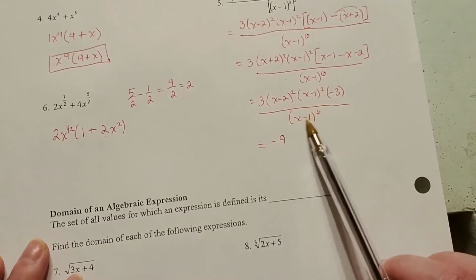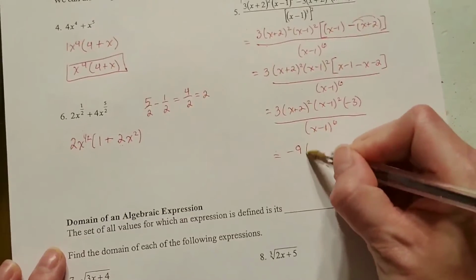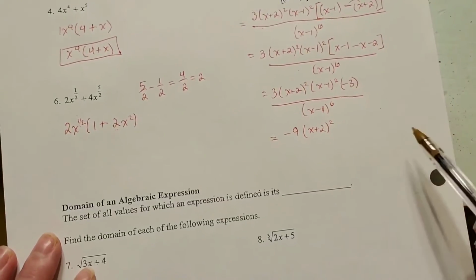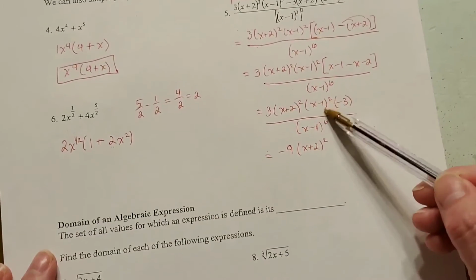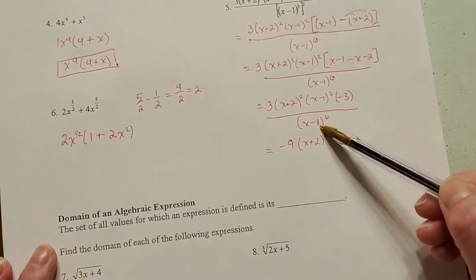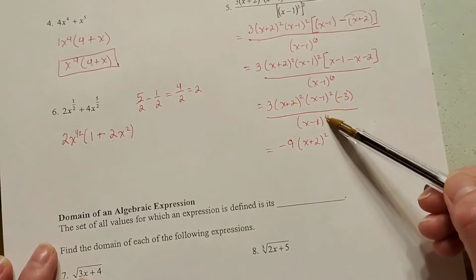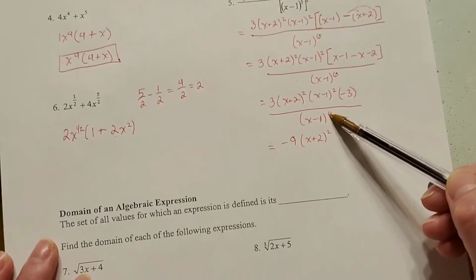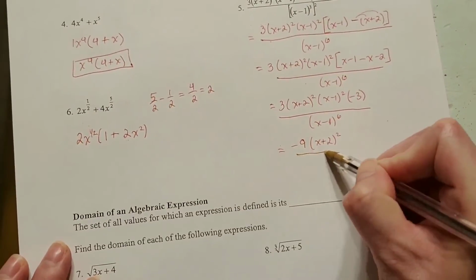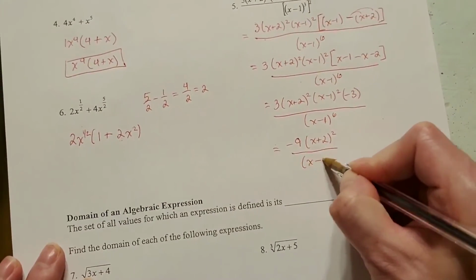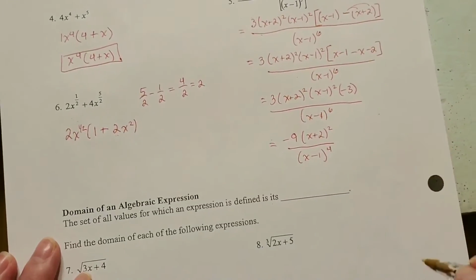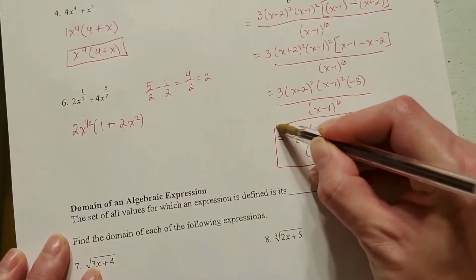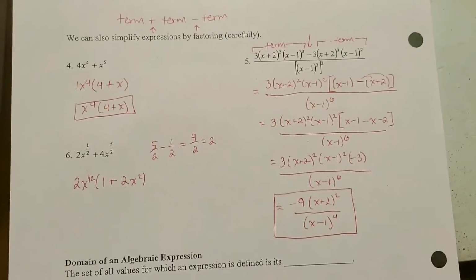So if I go ahead and simplify those terms, I'm going to write that x plus 2 squared down, because I can't do anything more with that. Here we can simplify. If I think about subtracting, 2 minus 6 would give me x minus 1 to the negative 4. So I'm going to write that in the denominator and have it as x minus 1 to the 4th. Okay. So this would be our simplified answer.